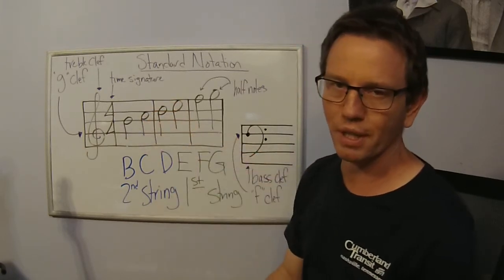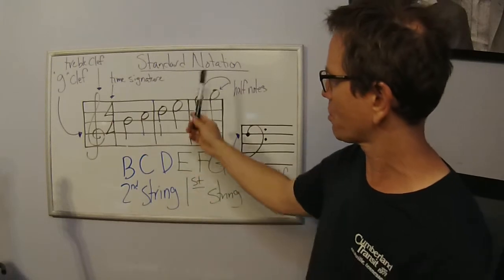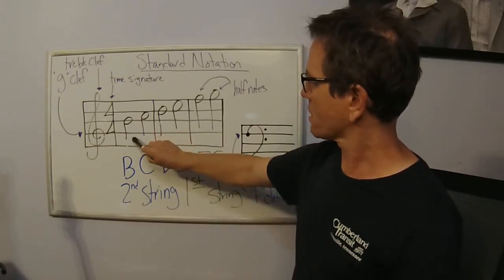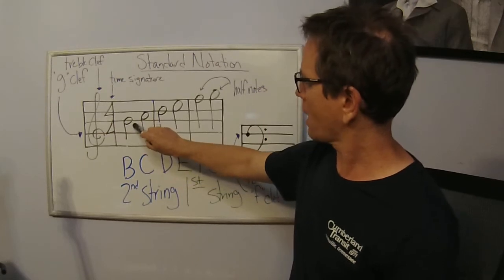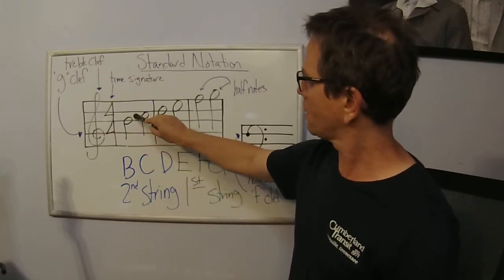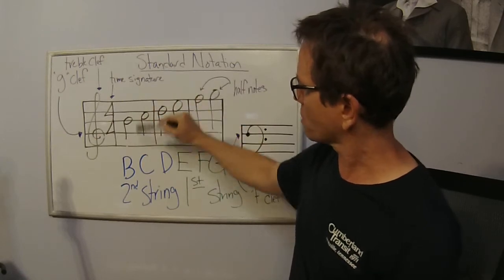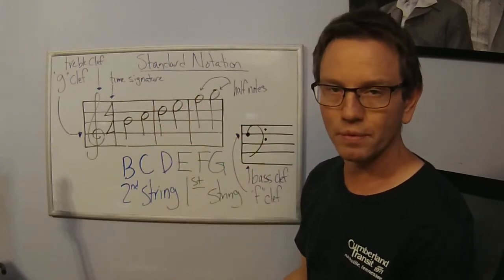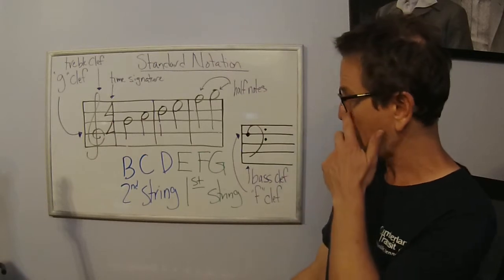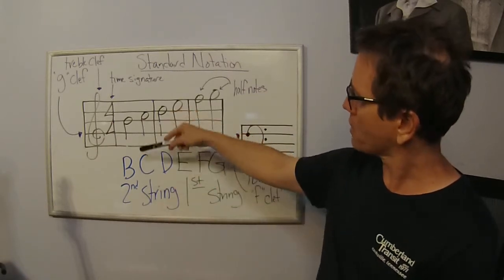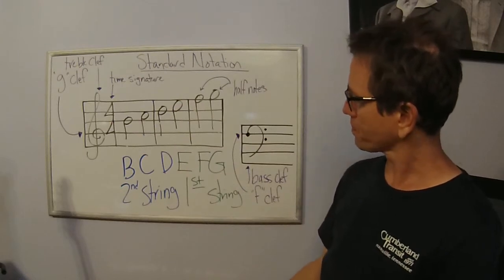People come up with all kinds of ways to memorize the names of those. This space is F, this space is A, this space is C, this space is E. And then you can have notes above and below. We'll talk about that in another video. And you use ledger lines to write below or above.